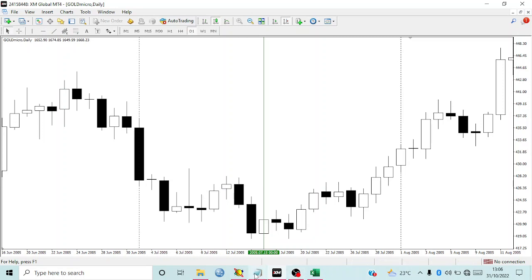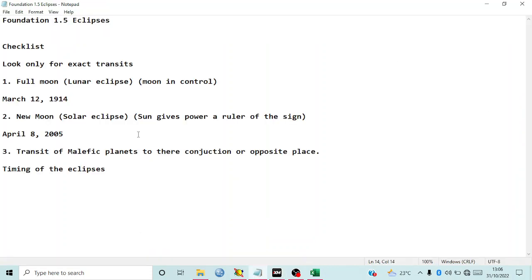So let me write that. I'll simply say that the best timing is halfway point into the full moon cycle, or full moon phase rather, right?